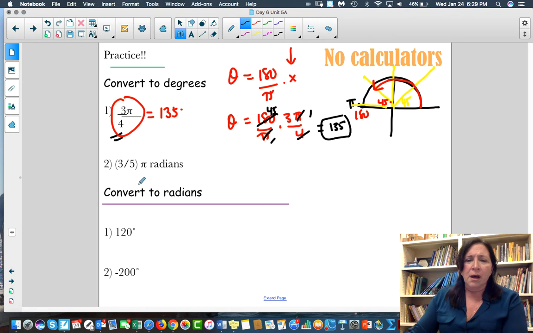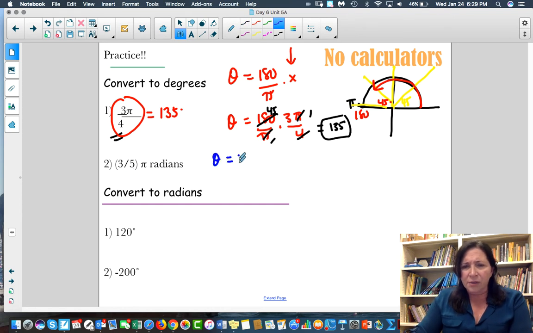Okay, 3/5 pi radians, and I want to make that into degrees again. That is not an exact value, so let's see what it is. Theta is equal to 180 divided by pi times x, and x is 3/5 pi.